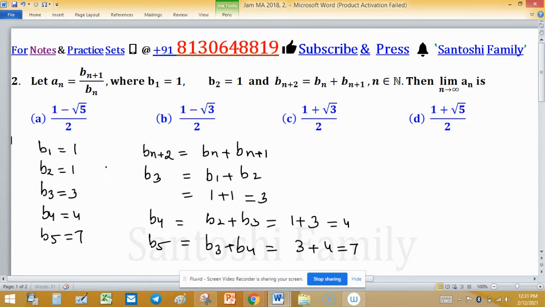So you can check b_n increases rapidly as n increases.